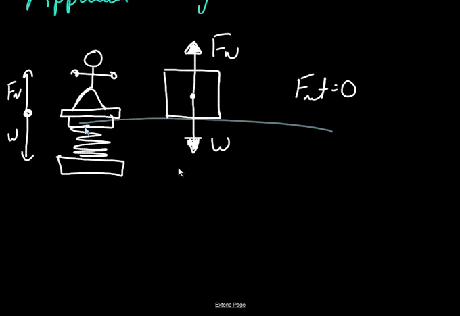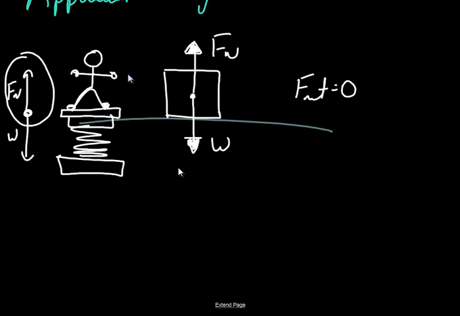Now, what we're actually reading on the scale is this part of things. We're reading how hard the scale has to push up on you to prevent you from accelerating down. That's what a scale is reading. You are feeling your weight in your feet, due to the fact that, by Newton's third law, there's a reactive normal force pushing up on the bottoms of your feet whenever you walk around.